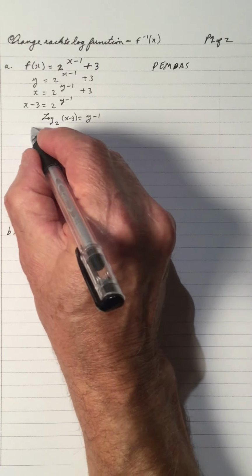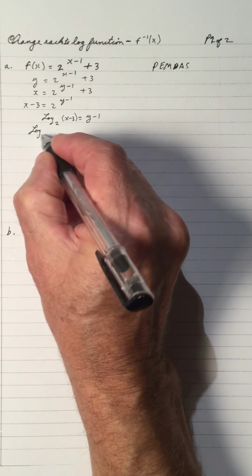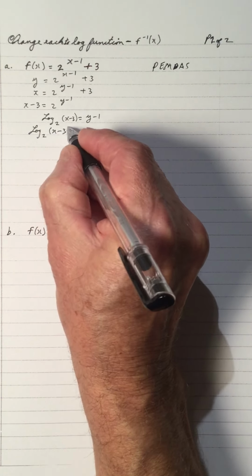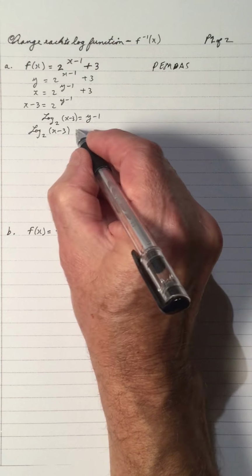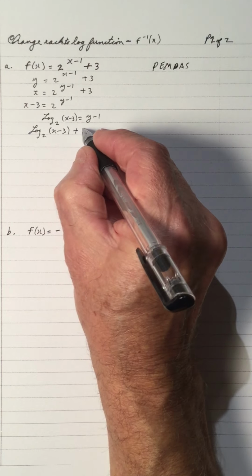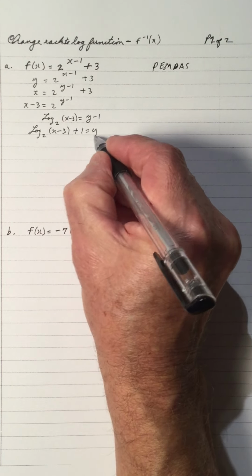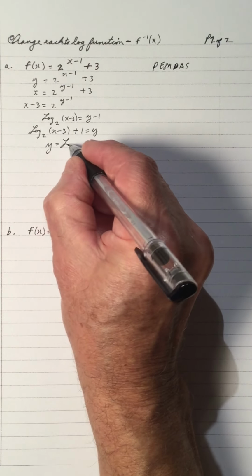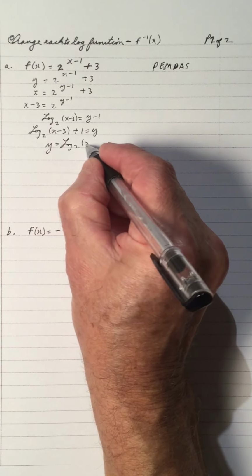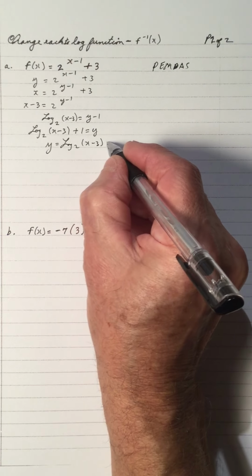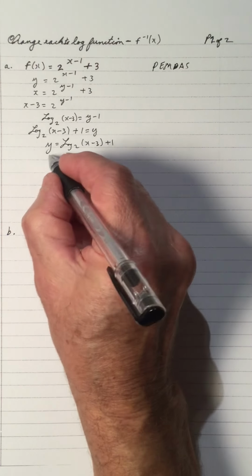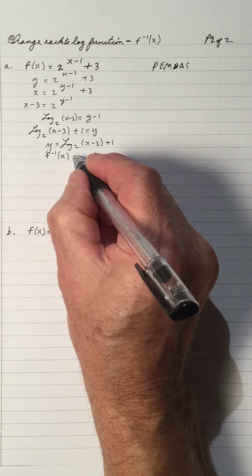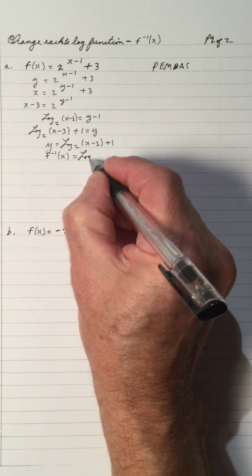So now we have log base 2 of x minus 3, and we move the negative 1 to the left side to make it a plus 1. So now we have the equation y equals log base 2 of x minus 3, plus 1. And that's the inverse of the exponential that we started with.